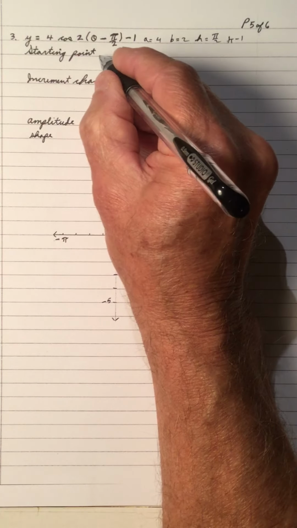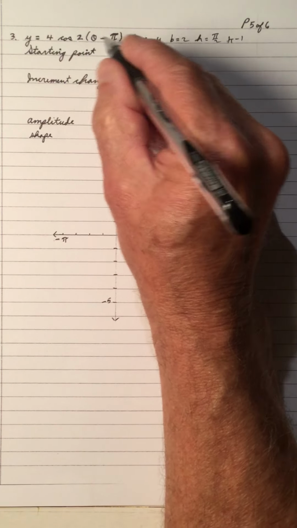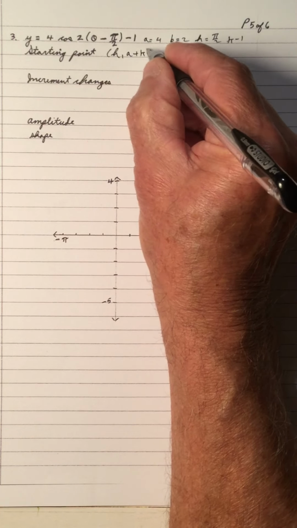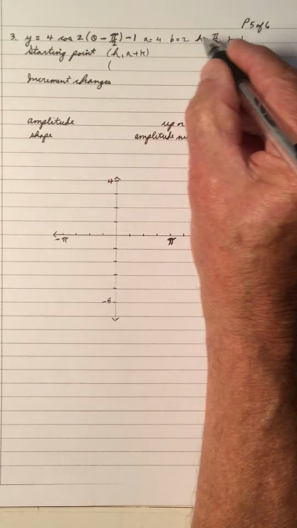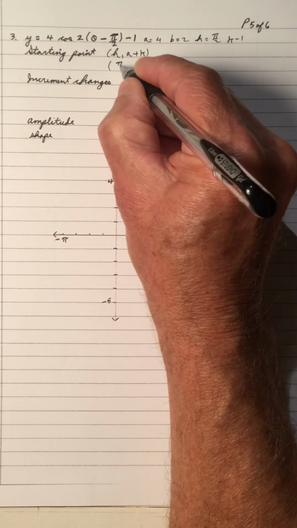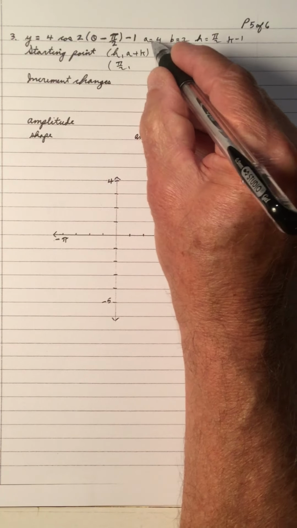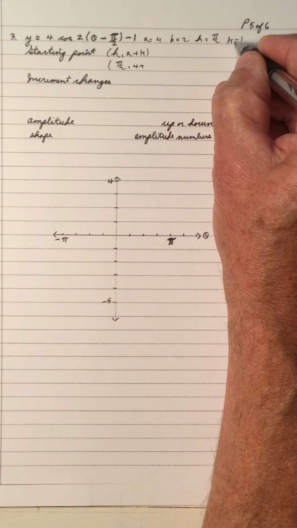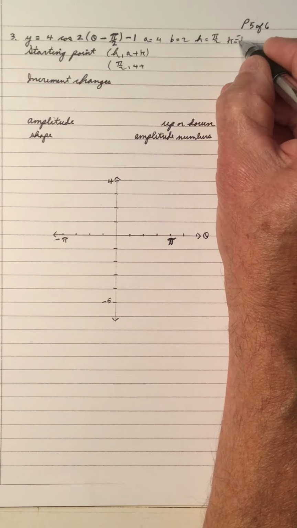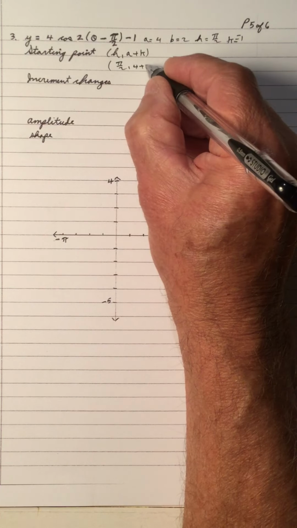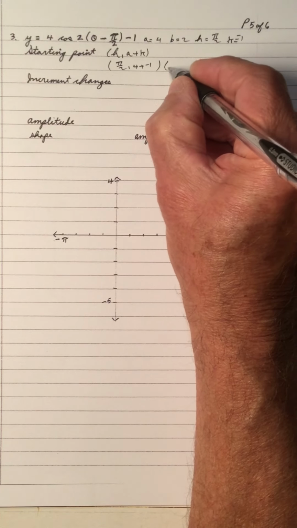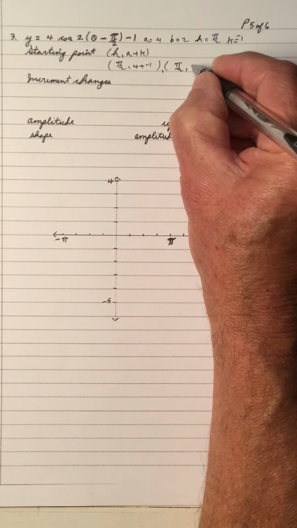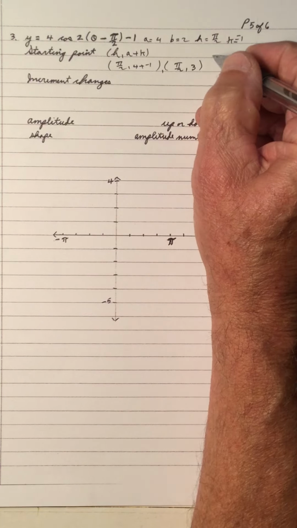But the starting point for cos is H, and it's A plus K. So H is pi over 2, and A is 4 plus K, which is negative 1. Make sure that equals 3. So the point is pi over 2 and 3.